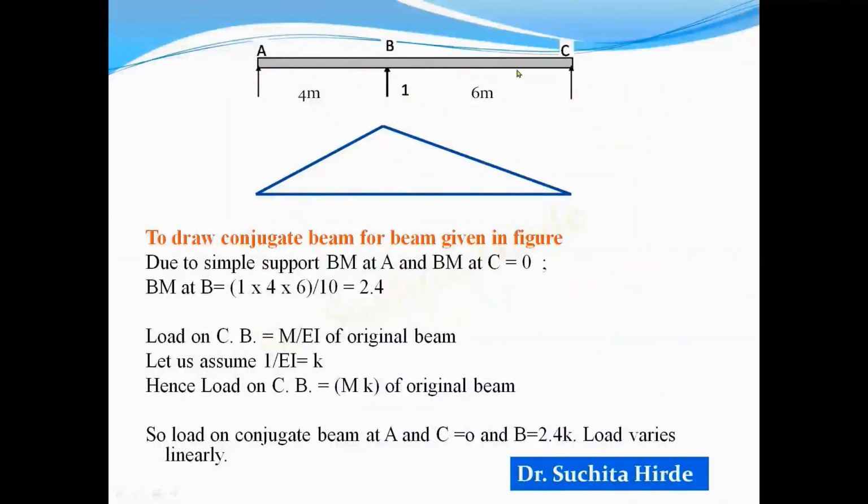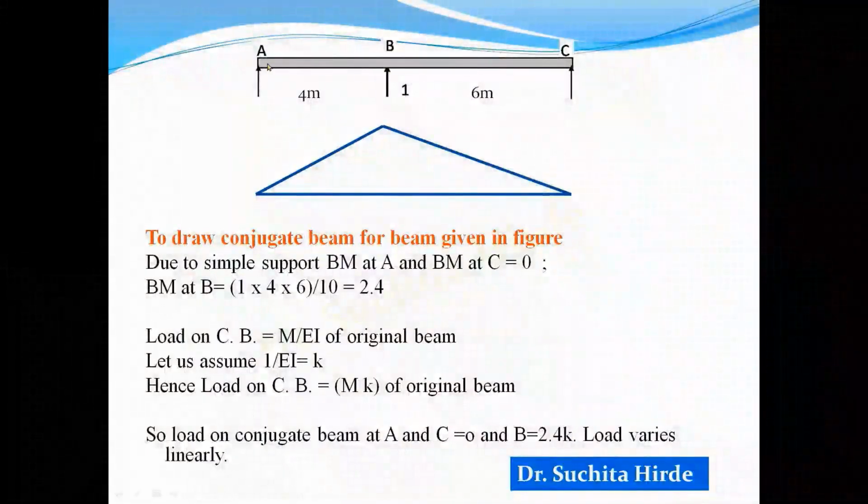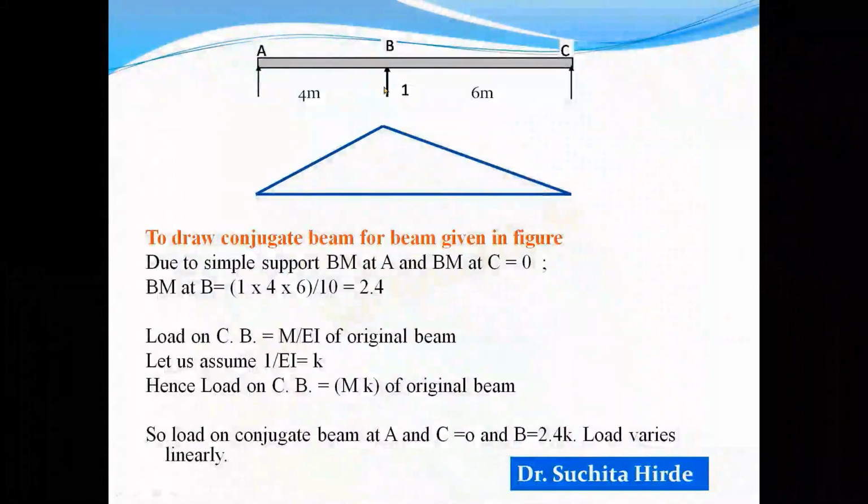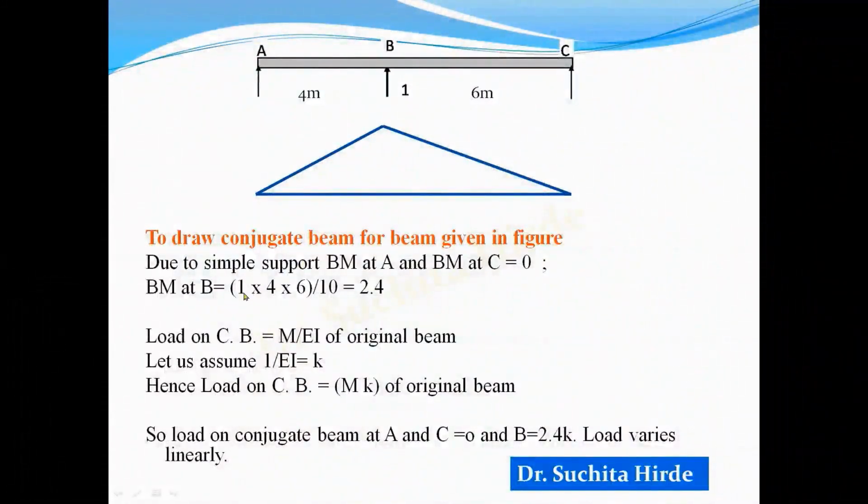So since this is a simply supported beam with simple supports at A and C, and there is a unit load at B, you know that bending moment at a simple support is 0, and it is maximum under the point load, which is equal to WAB by L. Now here W is 1, A is this 4 meter, B is 6 meter.